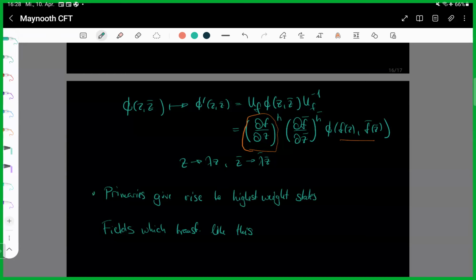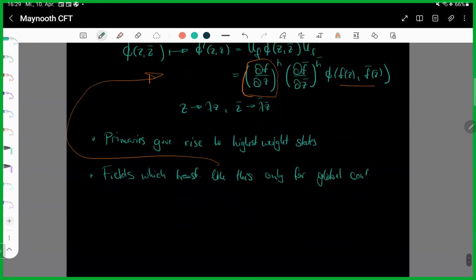This is just an upshot, nothing that you can understand with what I've told you. And fields which transform like this, by which I mean this equation, only for global conformal transformations, are called quasi-primary, and I'll leave it at that.